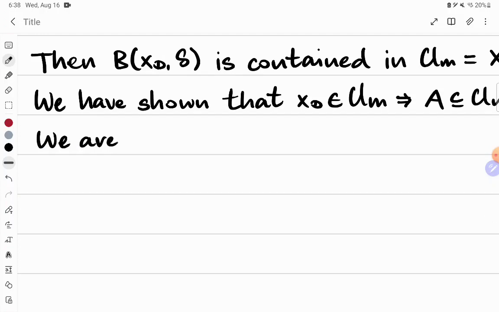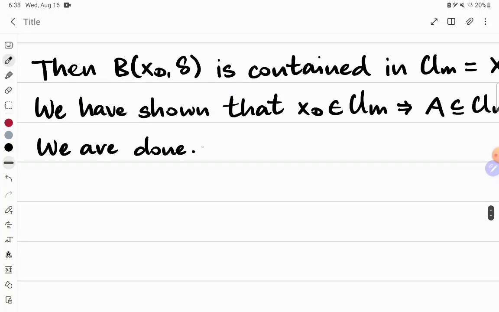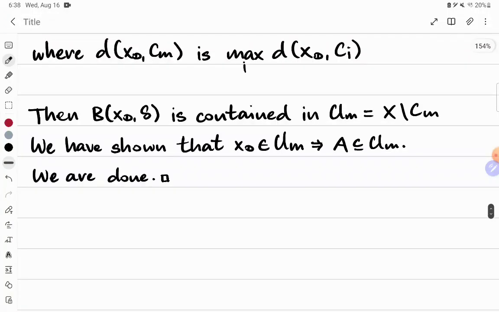And we're done because we've shown that this set of diameter less than delta is contained in some element of this open collection. All right, thanks for watching.